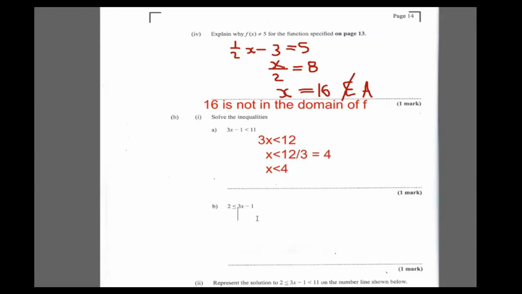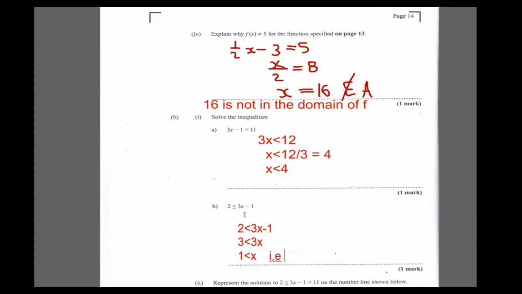Now let's look at this one. It tells us that 2 is less than or equal to 3x minus 1. So we can add 1 to both sides to say that 3 is less than or equal to 3x, and then we can divide both sides by 3 to say 1 is less than or equal to x.